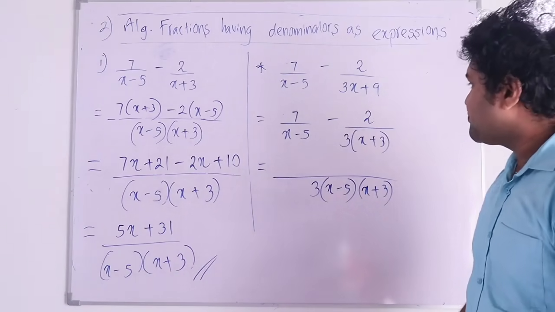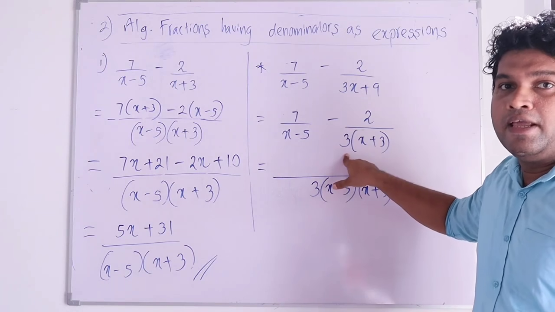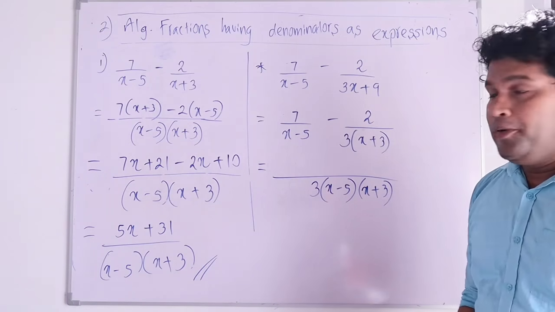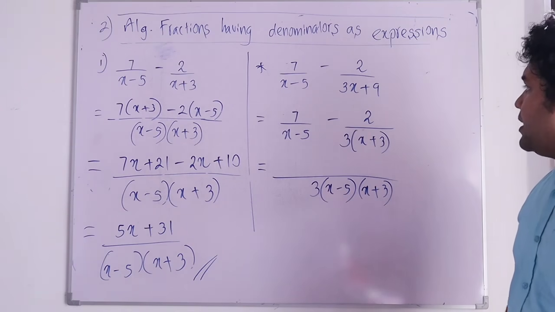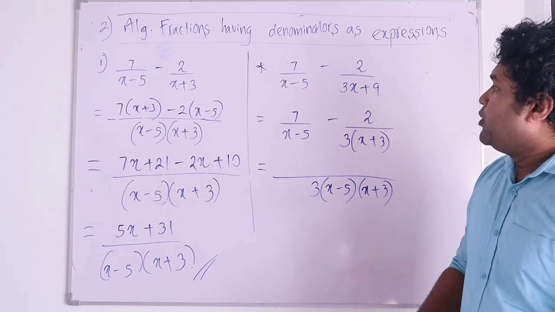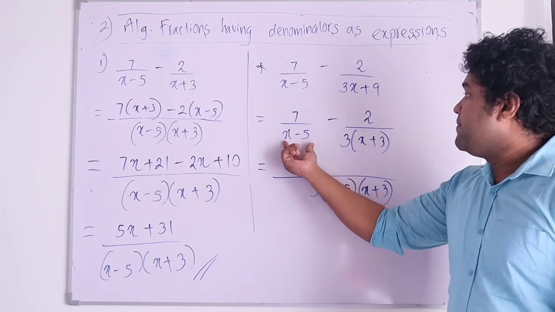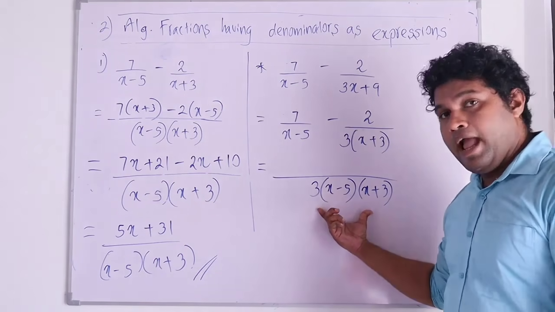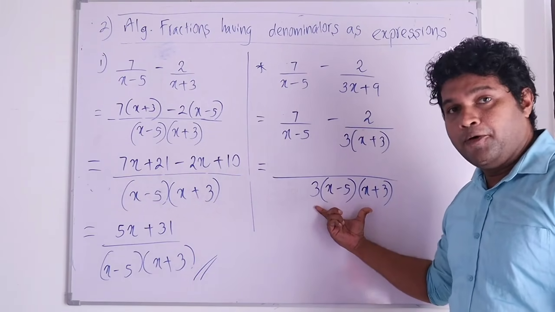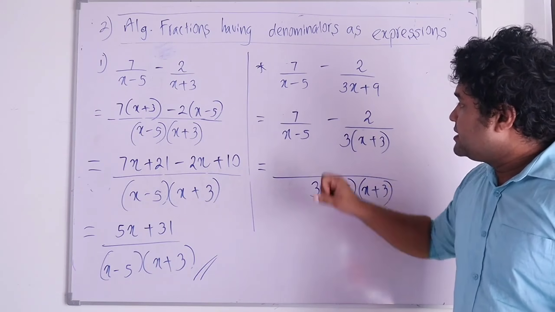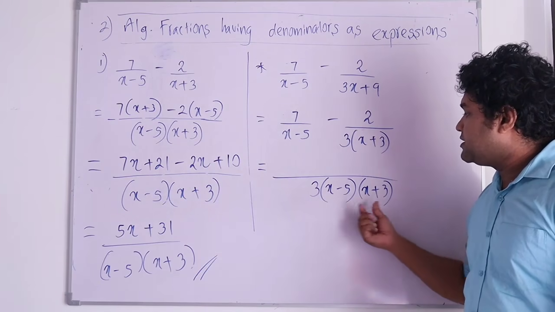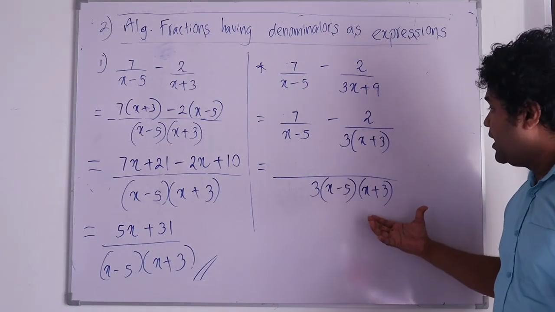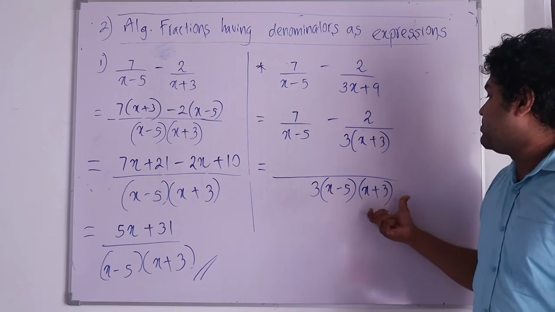But here, with respect to this 3, also we have to continue. It will be a different answer, it doesn't matter. However, we'll see. You compare the denominator previously you had and what you have now. The denominator you had was x minus 5. But now you have 3 and x plus 3 other than x minus 5. You have to multiply this 7 by 3 and x plus 3.